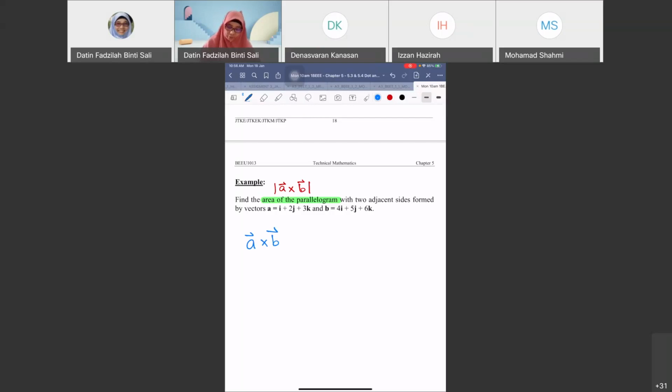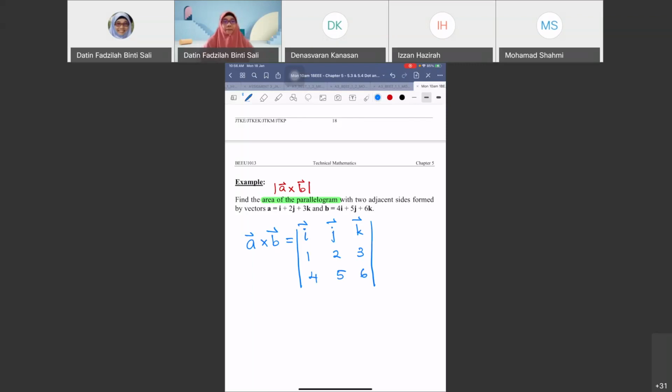Same concept as earlier. i, j, k for the first row. The second row will be the components of vector A, so in this case vector A is 1, 2, 3. Basically, I'm using the same thing. Vector B is 4, 5, 6.